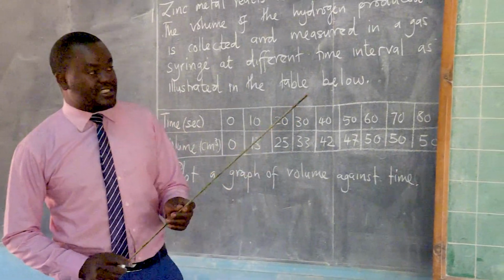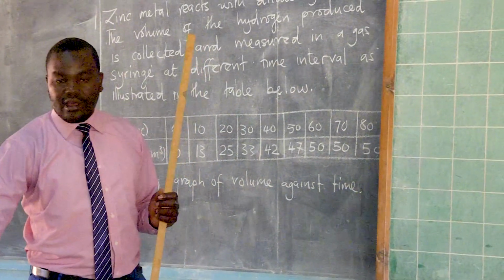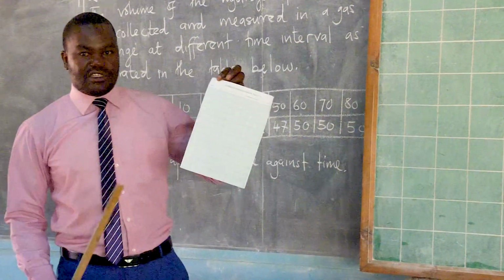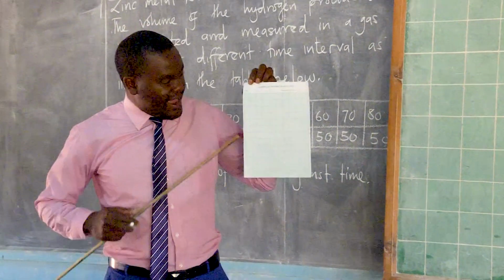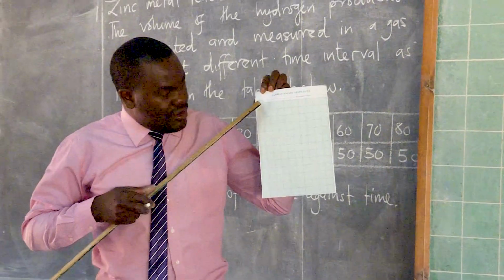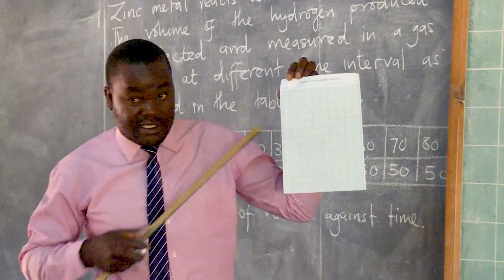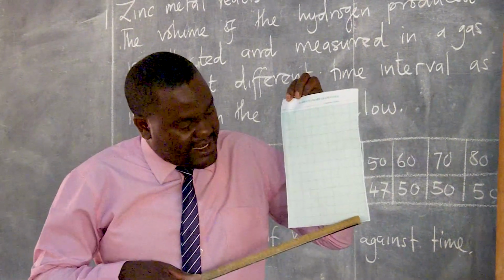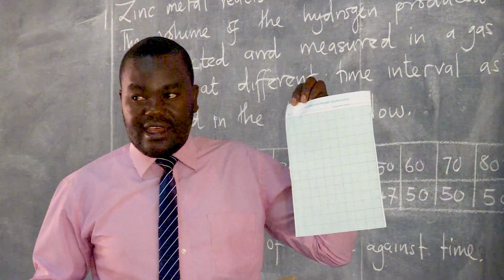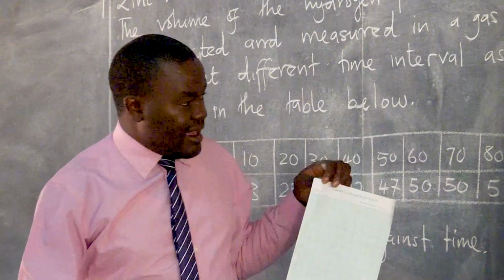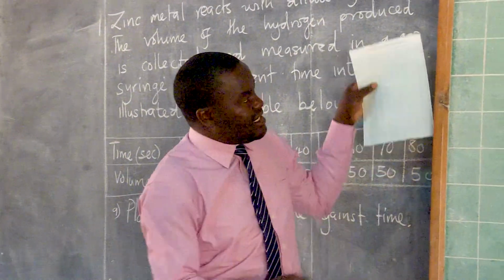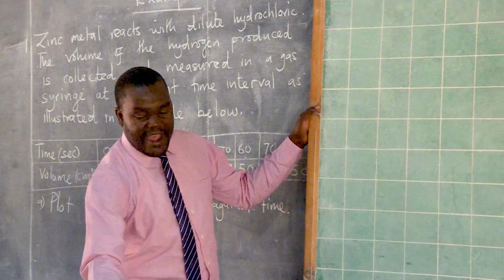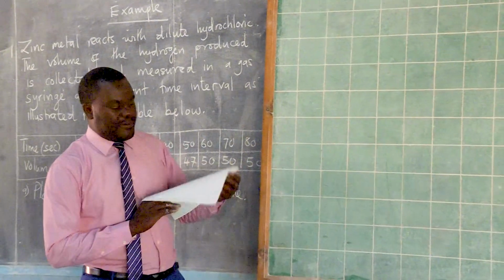It is advised on this graph paper that we use, if you don't want, you leave one bigger box on your y-axis, you also leave another down there. Are we together there? Yes. So I'm going to be using this graph.